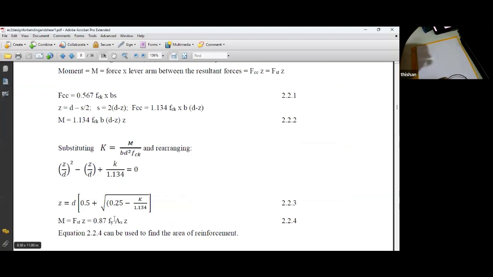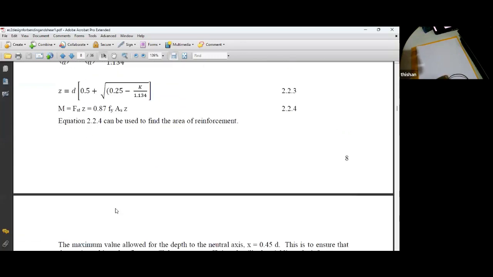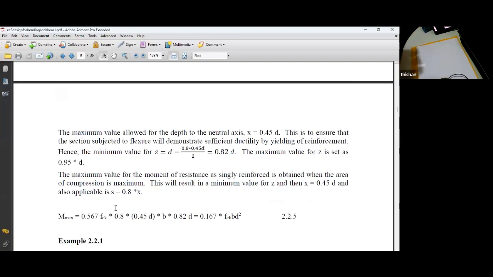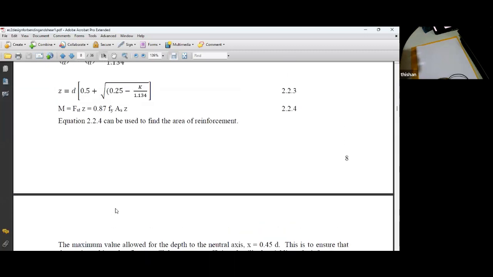M is equal to force multiplied by lever arm, because this equation gives lever arm, this equation gives force. So force multiplied by lever arm is the moment. The only unknown here is the area of steel. So you can straight away find the area of steel, and we did one example, and then I showed there's a shortcut method.